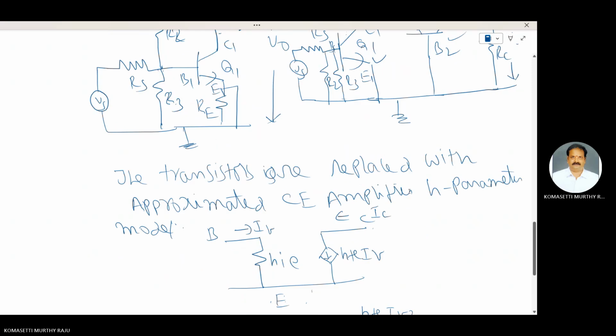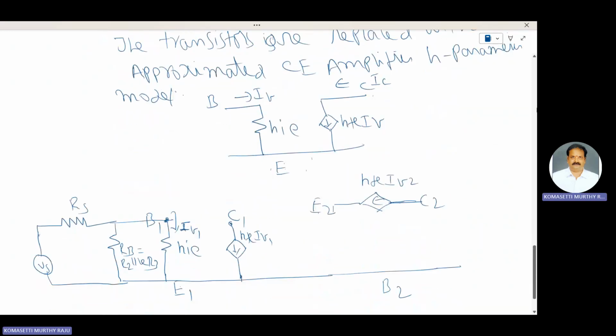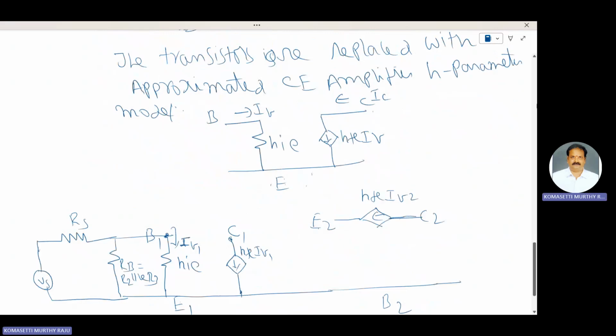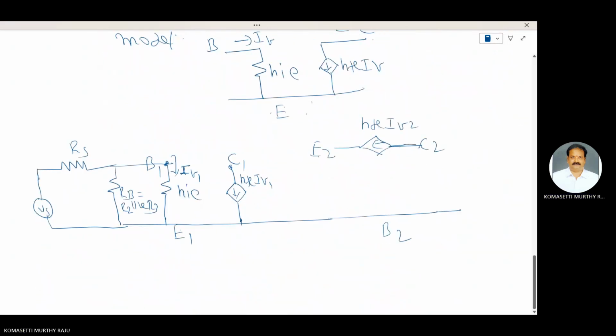For C2, RC resistance is between C2 and B2. Between B2 and E2, HIE is there.